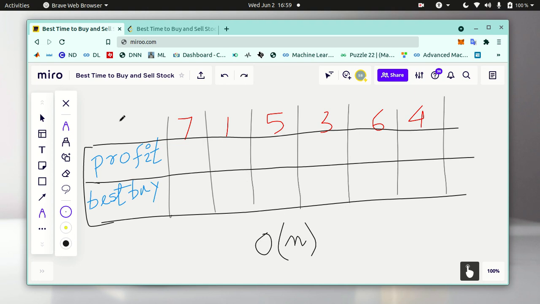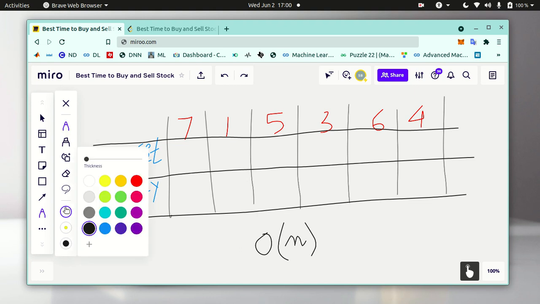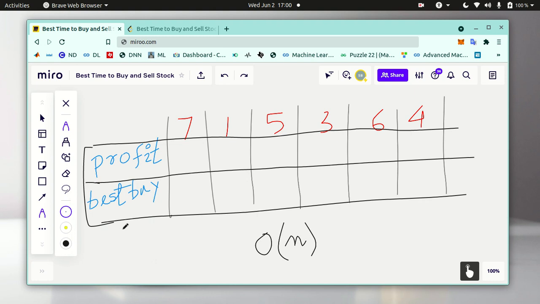So initially we have to initialize our profit and buy price with this value. So buy price will be, say, 7, because if I buy on this day, that is the best option to buy the stock so far.